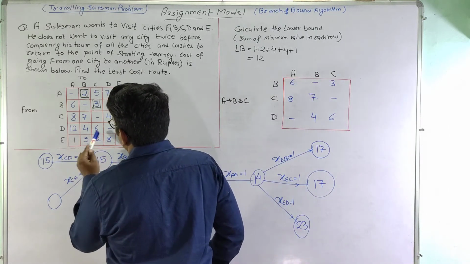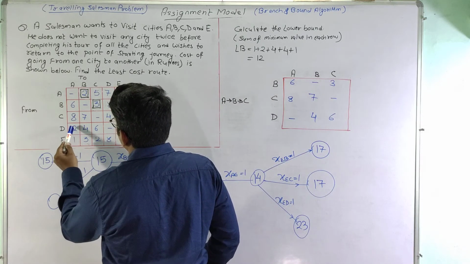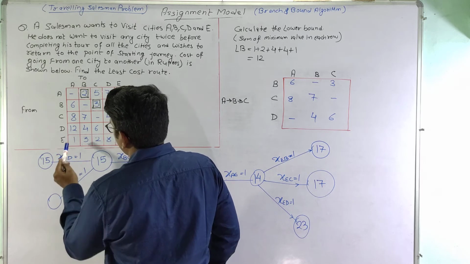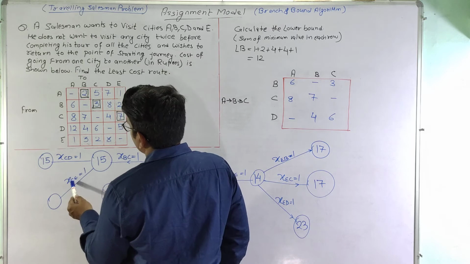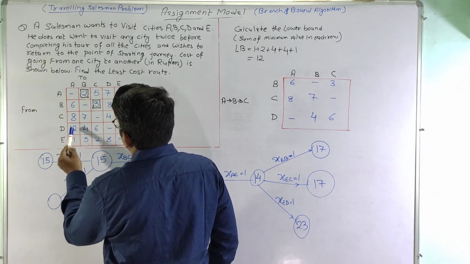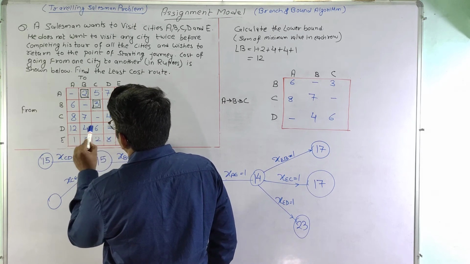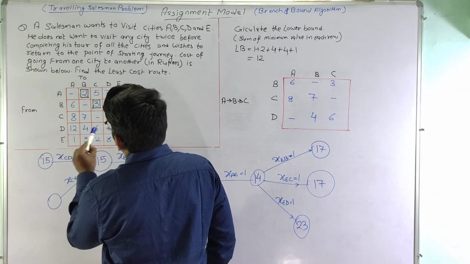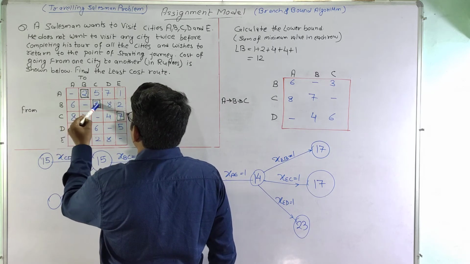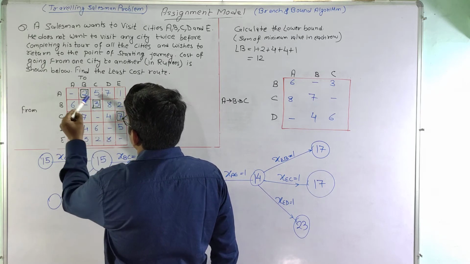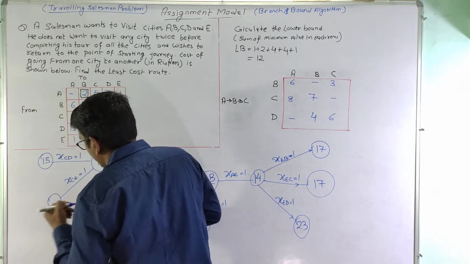So 12 dash 8 and 1, the minimum value here will be, this is D to A, A to B, B to C, C to E. Okay, this is 12 plus 1, 13, 13 plus 5, 13 plus 7, 20 plus 5, 25. So it will coming as 25.